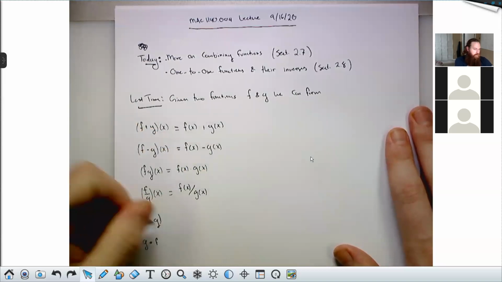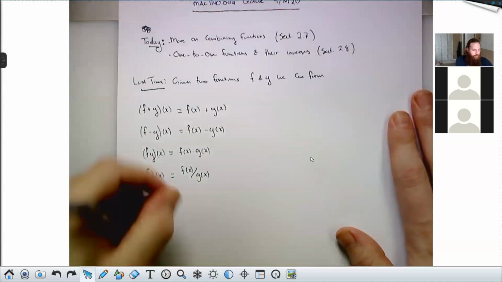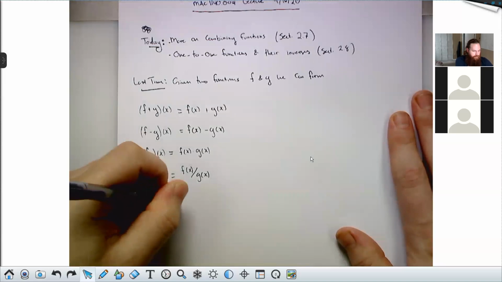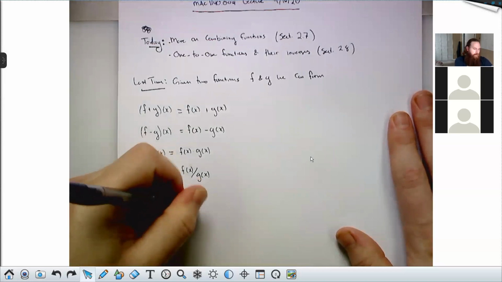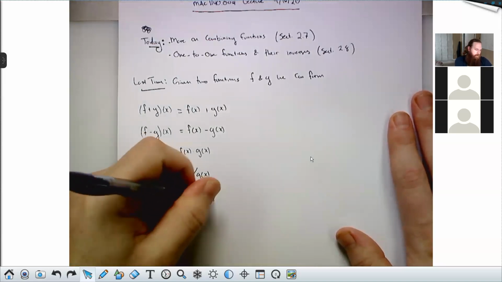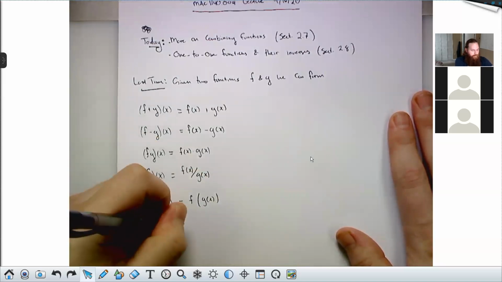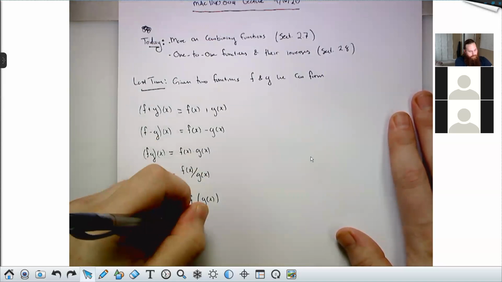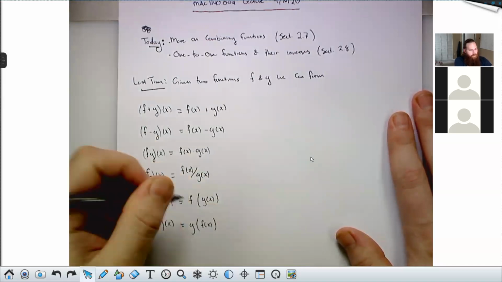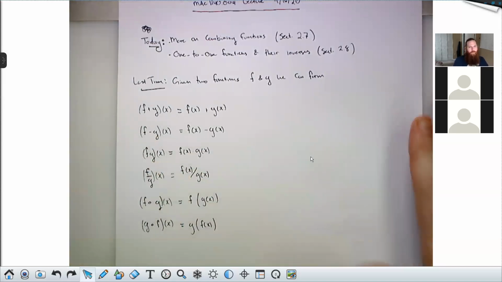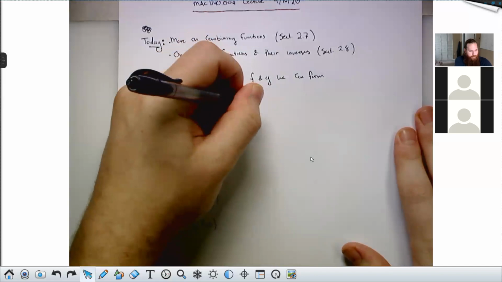F circ g of x, or f of g of x, is f of g of x. And g circ f of x is g of f of x. These first few had some convenient rules for their domains, but really the only thing you need to remember is to watch out for domain red flags.